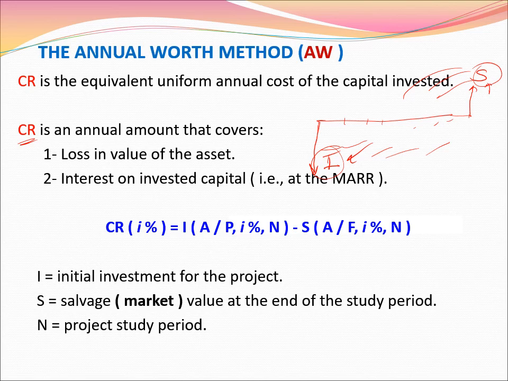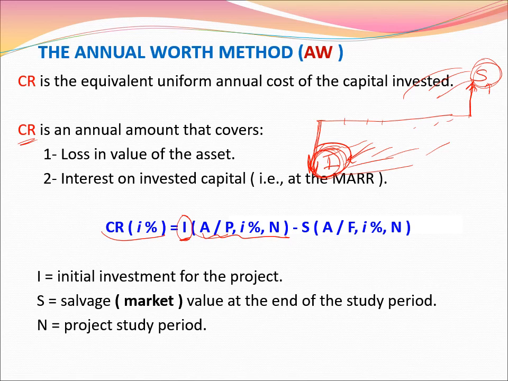How do we find it? We find the capital recovery by finding for this initial investment value its annual equivalent, A given P. So we are distributing it to an annual equivalent. And for the final salvage value, as you can see, the signs are different. The initial investment is a cost, a cash outflow, but the final salvage value is a cash inflow.